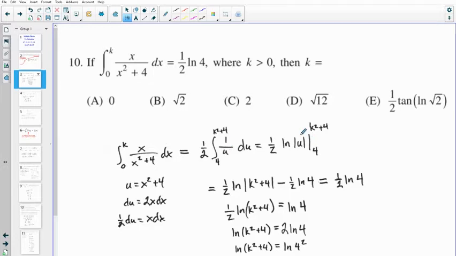I would say don't forget about the absolute value, but in this case, because I've got all positive values, it really doesn't matter. If you didn't remember the absolute value, we'd be all right. In fact, I dropped it after a while because I realized that everything was positive.